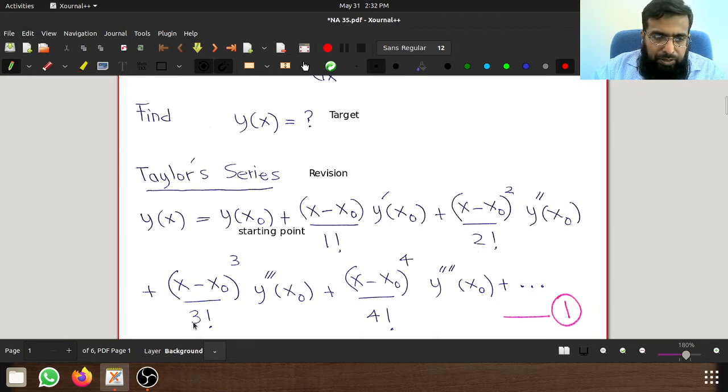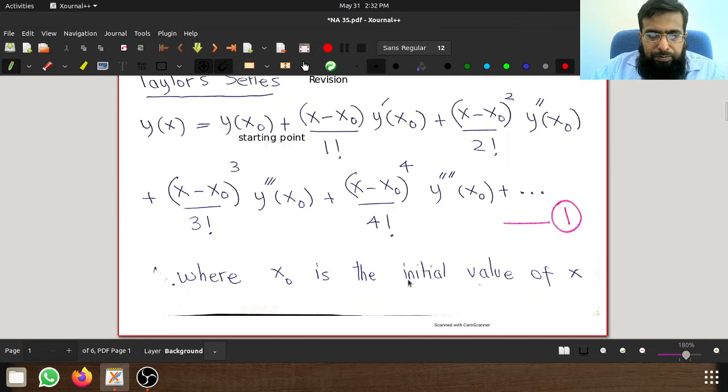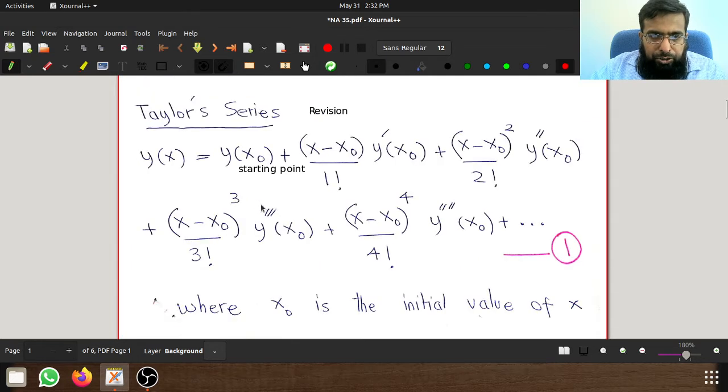We have factorial terms growing in the denominator, and in the numerator we have the difference term whose power is increasing by 1 for each new term, where x naught is the starting value.